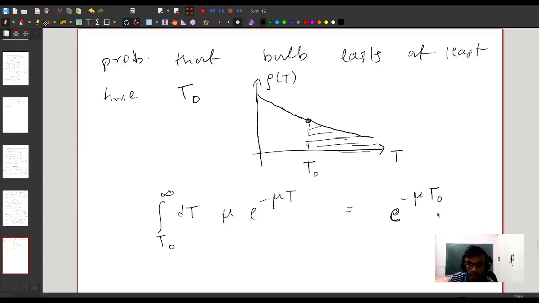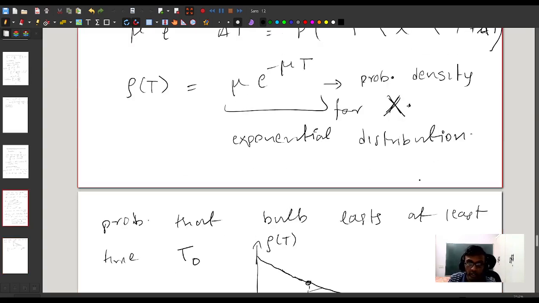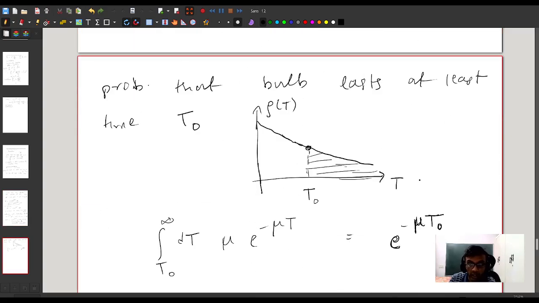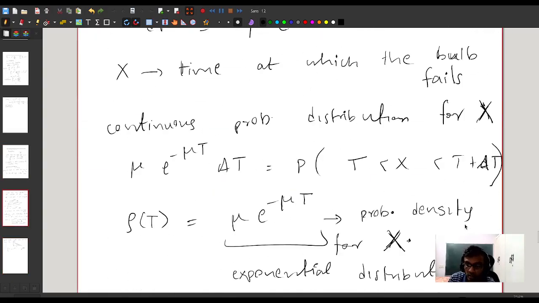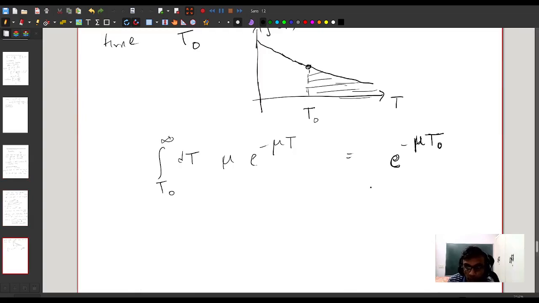Of course this decays exponentially with t naught. So of course, the longer the t naught, the lesser the probability is. That makes sense; the probability decreases exponentially with t naught.